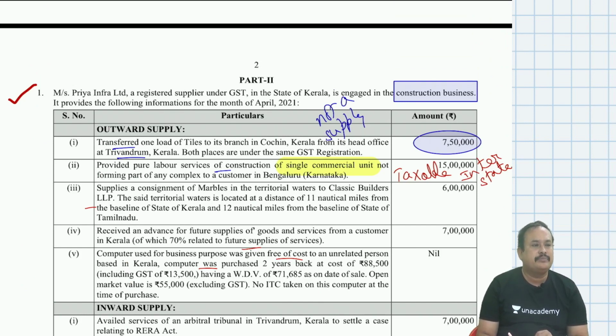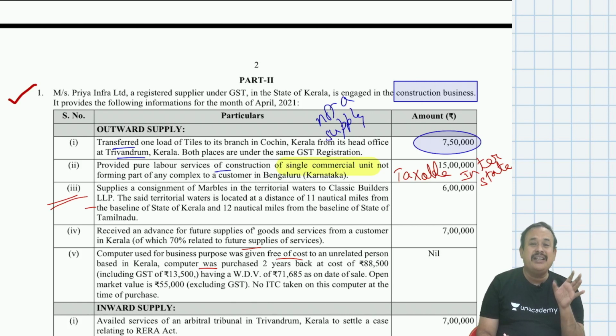Further, point number 3. Supply of a consignment of marbles in the territorial waters to a Classic Builders limited liability partnership firm. The said territorial waters are located at a distance of 11 nautical miles from the baseline of the state of Kerala, 12 nautical miles from the baseline of the state of Tamil Nadu.